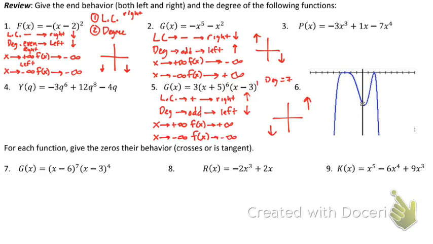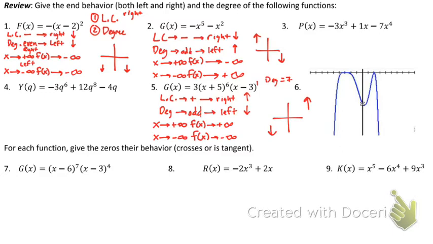All right, cool. Let's jump over to 7. So what we're going to do here is give the end behavior, and tell if it crosses or is tangent for the zeros. So if you watched the video already, you kind of have an idea of how this works.